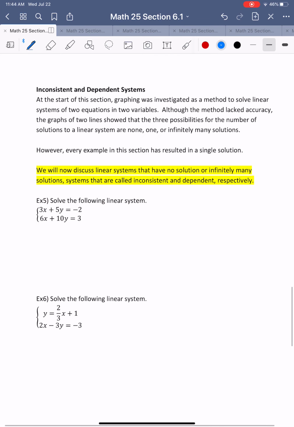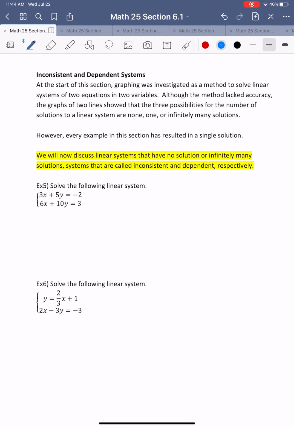Alright, next page. Inconsistent and dependent systems. At the start of this section, graphing was investigated as a method to solve a linear system of two equations in two variables. Although the method lacked accuracy, the graph of two lines shows that the three possibilities for the number of solutions to a linear system are none, one, or infinitely many.